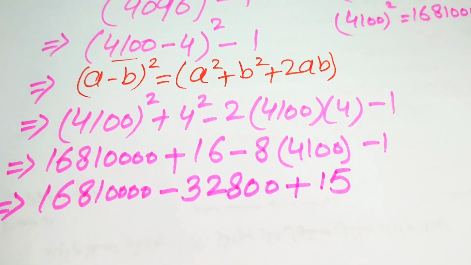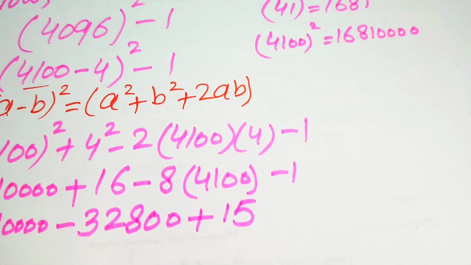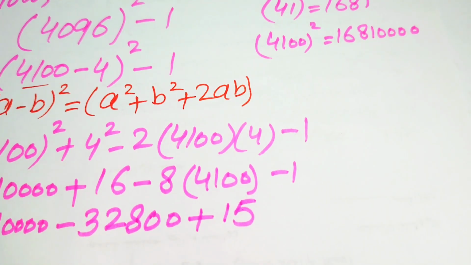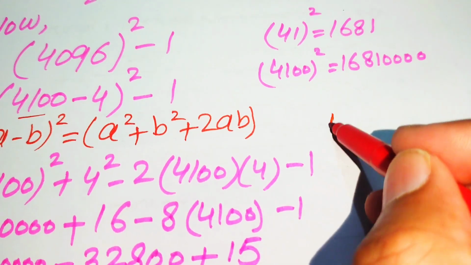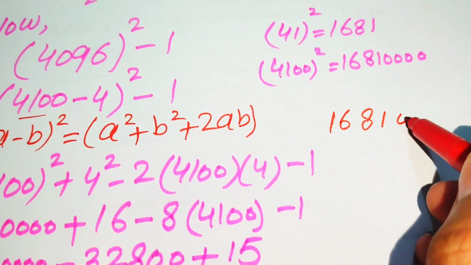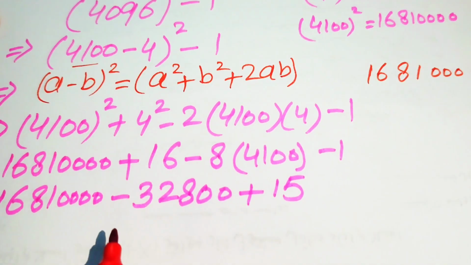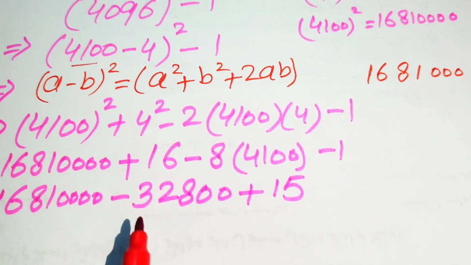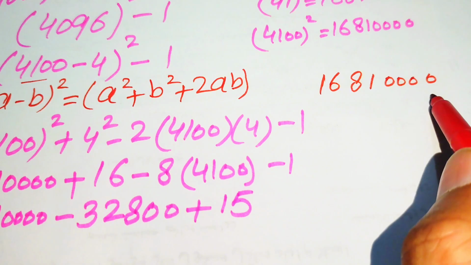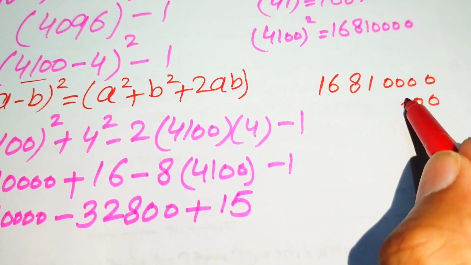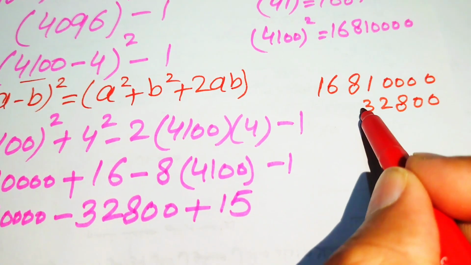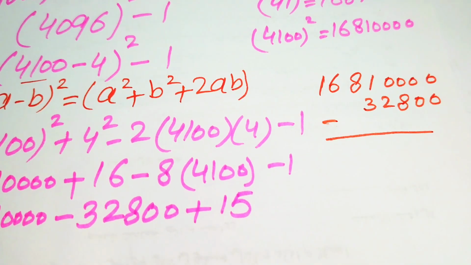So now in the next step, we first subtract this value by this value by the traditional method. So here we write our traditional method of subtraction. First we write the value 16810000, and after that we write 32800. First we subtract these two values.